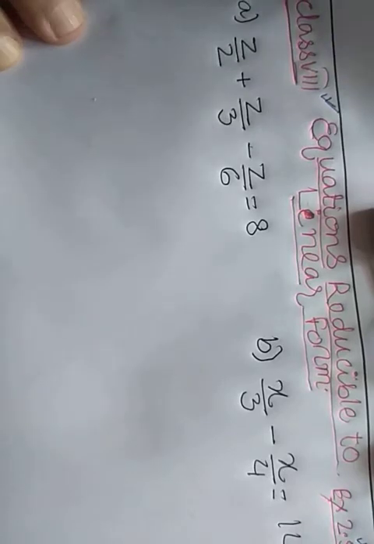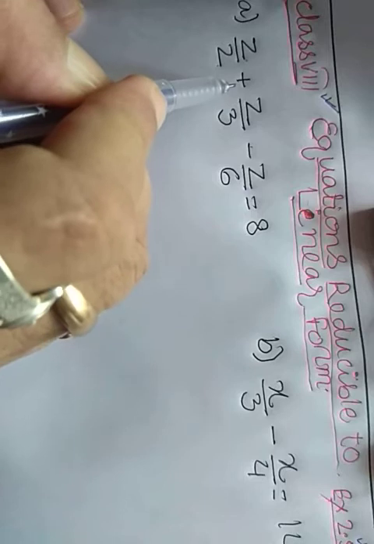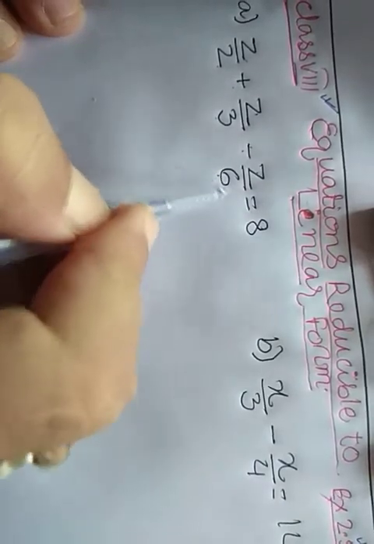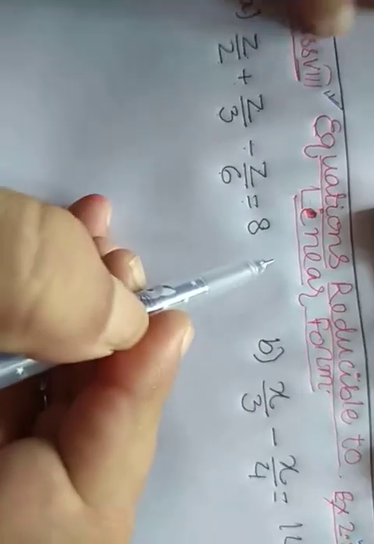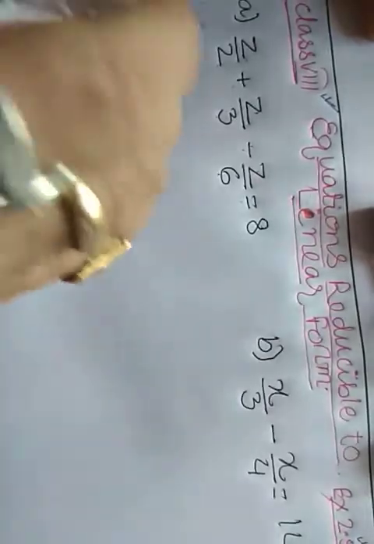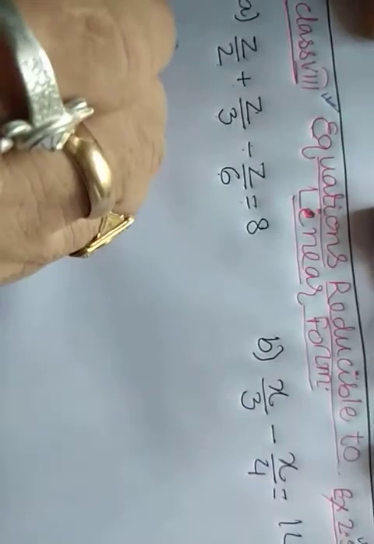So your first sum reads like this: z by 2 plus z by 3 minus z by 6 is equal to 8. What you need to do is take the LCM and add the numerators.